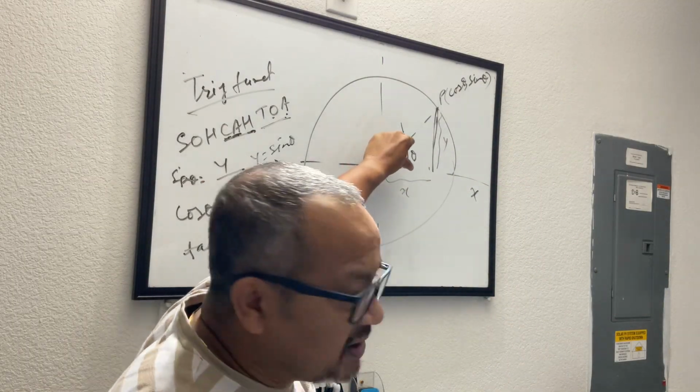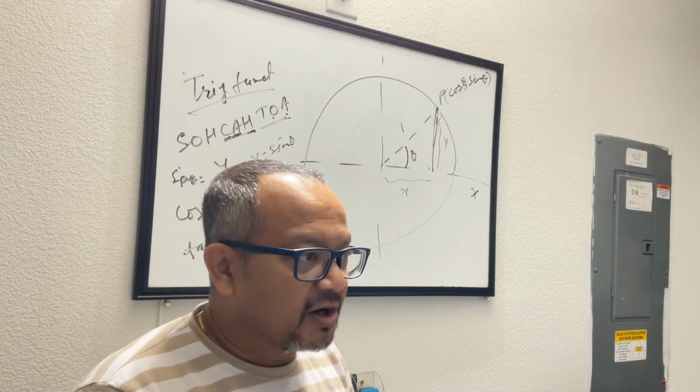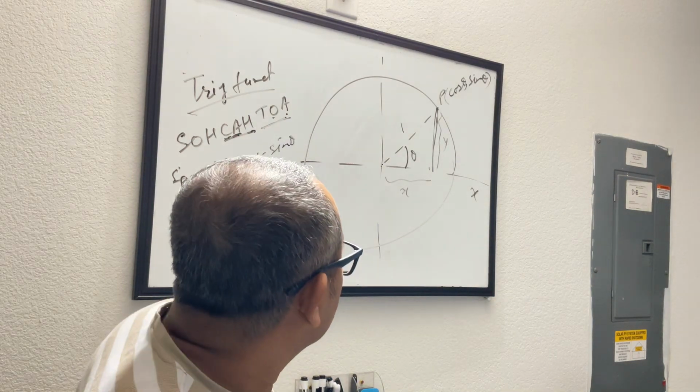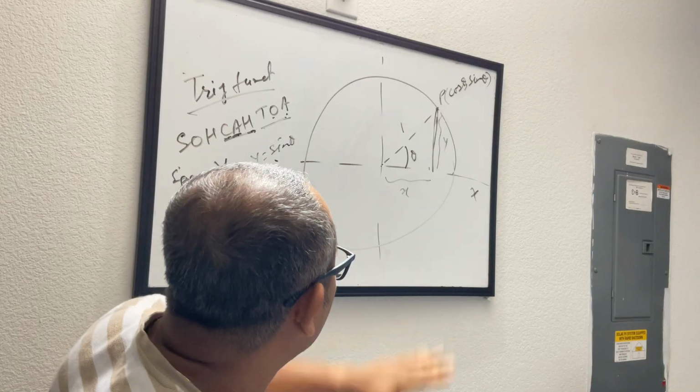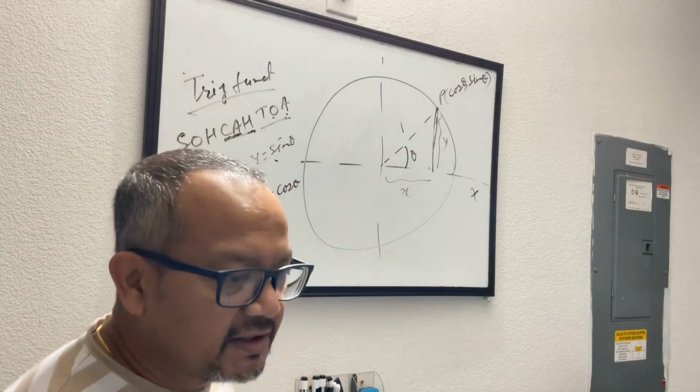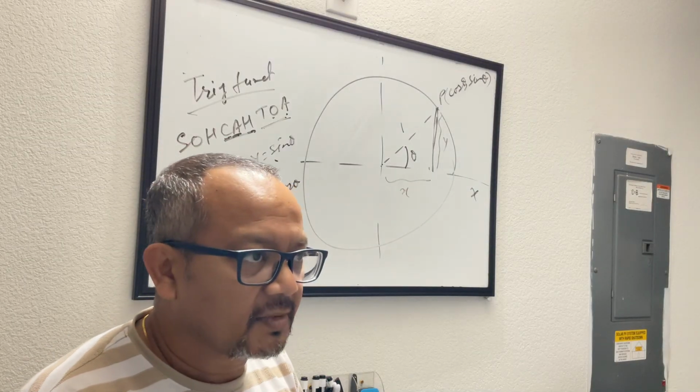And this theta is nothing but the angle that it makes with the positive x-axis. So here you have your coordinates known and you know how to find sin theta and cos theta. Yes.